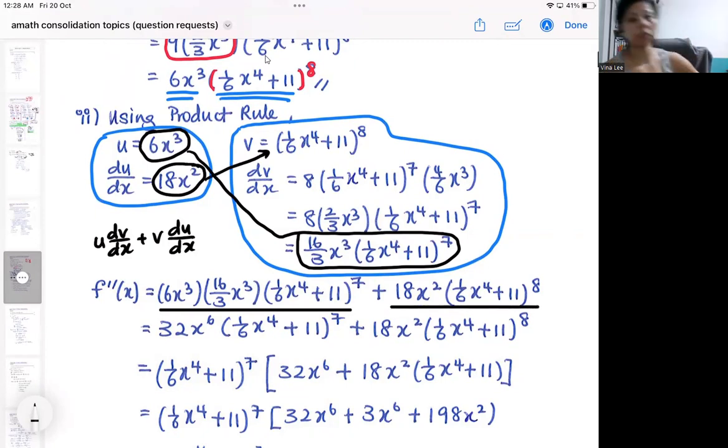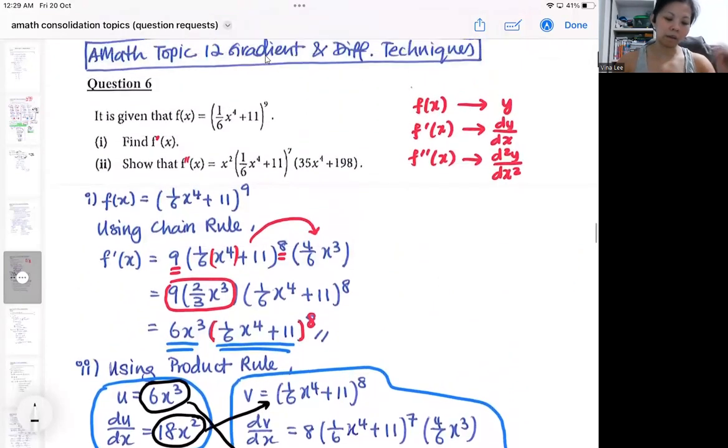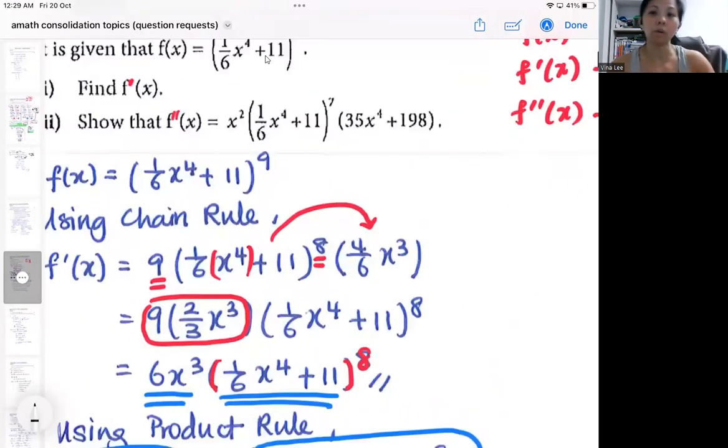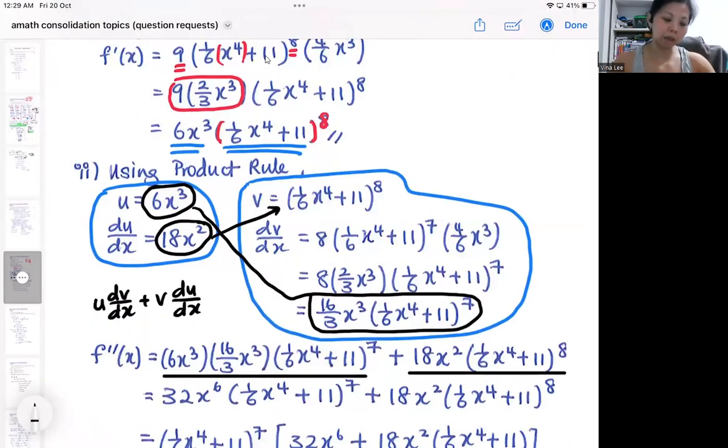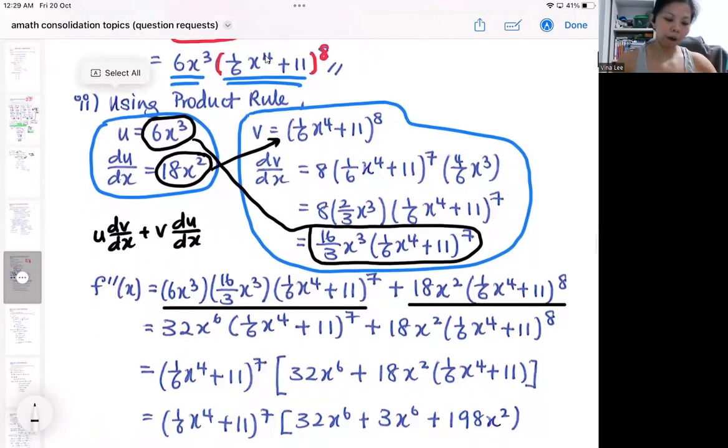If you can achieve until here, your differentiation is complete. You have already done your share of differentiation. Whether you can get the expression that they want you to show depends on your factorization technique. So you need to be clear. If you are able to execute your differentiation, why can't you get the proof?